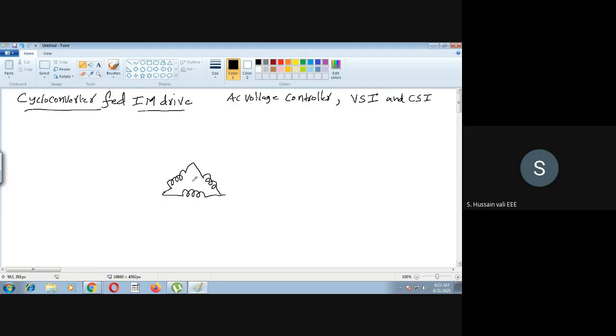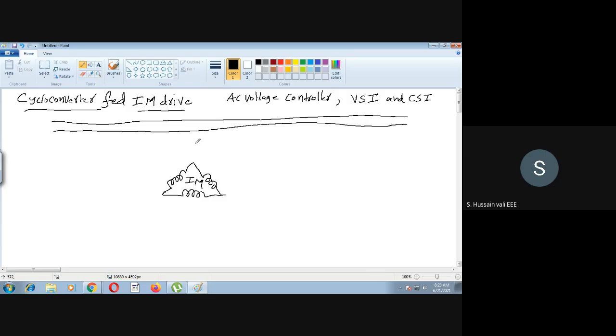Once again, there are several types of cycloconverters: half wave, full wave, bridge type, midpoint type, step up cycloconverter, step down cycloconverter. Different cycloconverters are there. I will take one type of that and explain it.